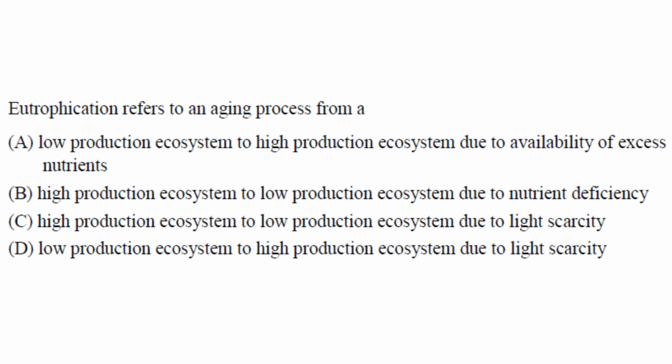Because of eutrophication, you will have excessive plant growth, that is algal bloom, and there will be depletion of dissolved oxygen, and it can lead to death of aquatic life. So here, low production ecosystem to high production ecosystem due to availability of excess nutrients. That is correct. A is correct.